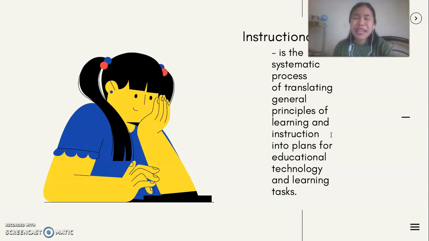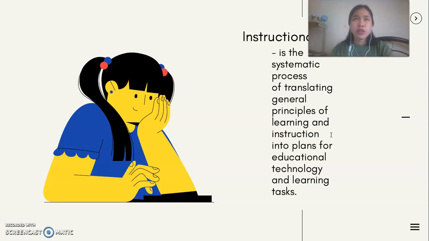So what? Another example is when we are considering the law of readiness. That is why we are incorporating what? The drill part in our lesson plan, because that is one way to ensure that our learners' attention is already on you as their teacher.